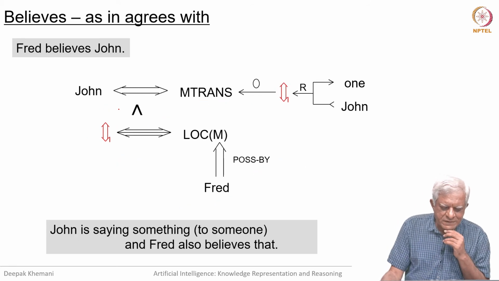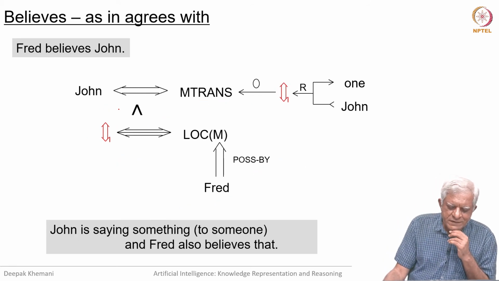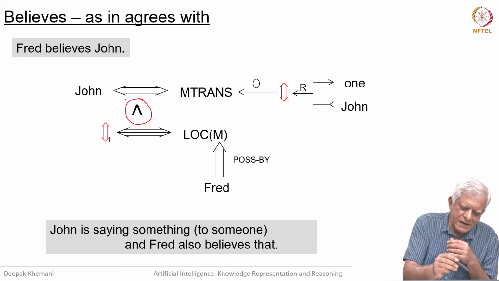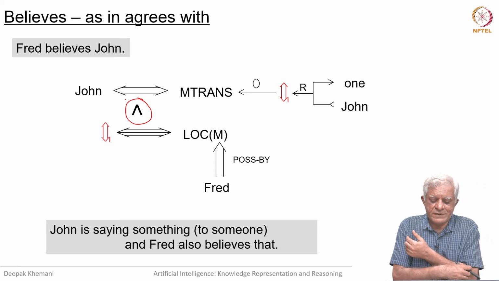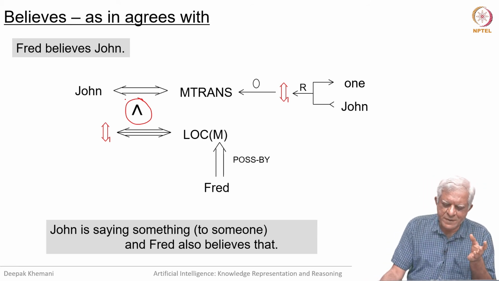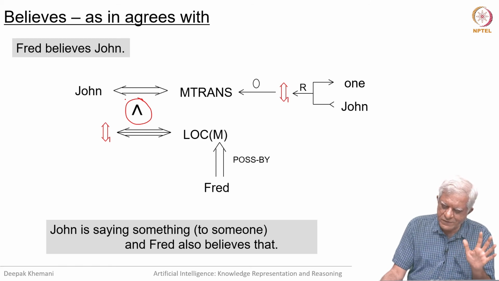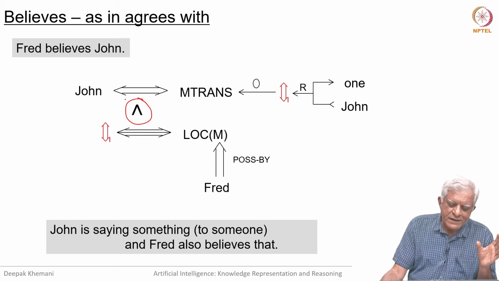Another sense of the word believes is that John tells something to Fred and Fred already has it in his memory eventually. John is saying something to someone and Fred also believes that essentially. So, Fred believes whatever John is saying.